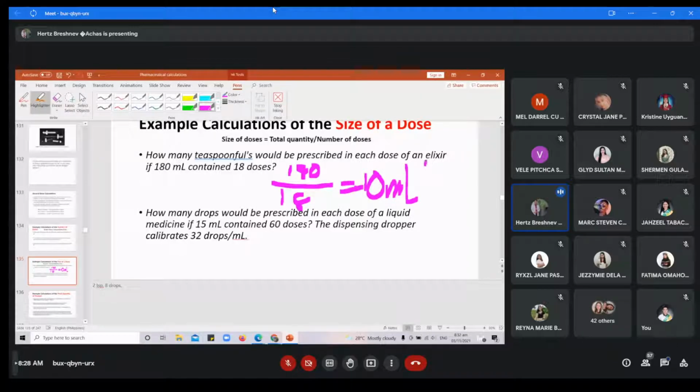And 1 teaspoon is equivalent to 5 ml. And then you convert the 10 ml to teaspoons, and the answer is 2 teaspoons. So 2 teaspoons is the final answer. Okay? So let's proceed.